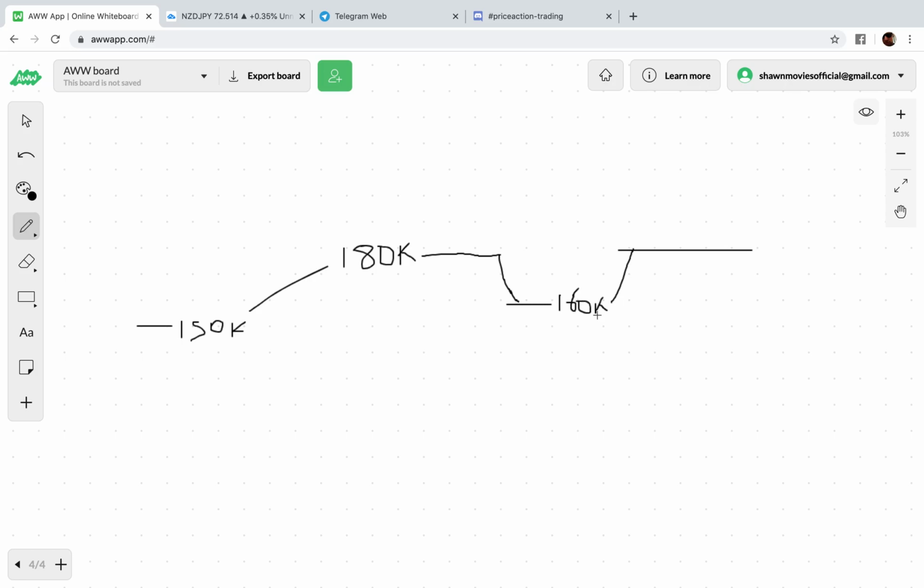So the person who bought here at 160K, they bought the car from the previous owner, they can now sell it for 180K. But what you'll see, something that happens, a very common pattern in the market, is that once price gets to previous prices, like previous highs, previous lows, price tends to pull away from that area. So let's say this price goes to 170K. A person has this car, after a few months, they sell it for 170K.